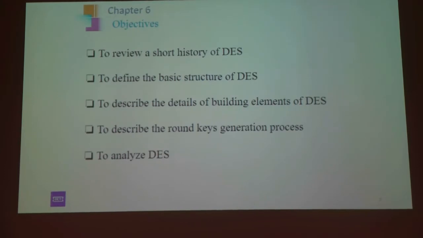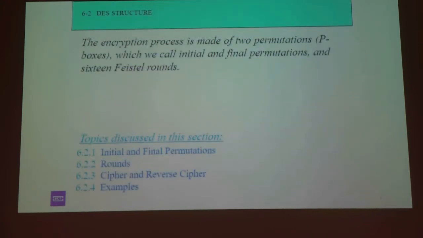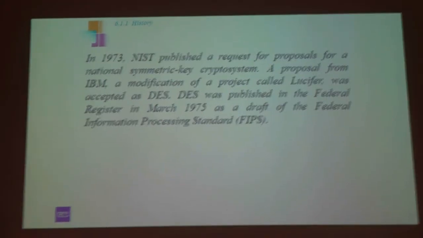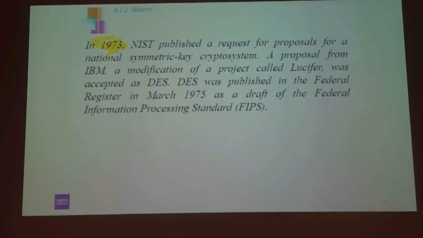So DES was created in 1973. NIST published a request for proposals, and by the way, that's how most algorithms start: the announcement, the request for proposals, then they get evaluated, and then they get adopted.